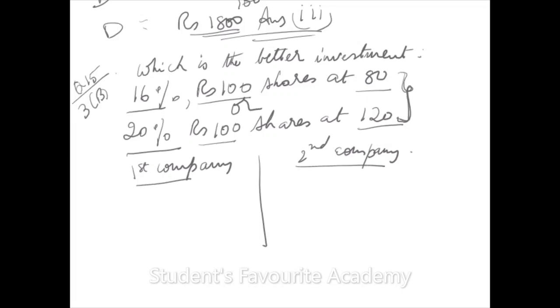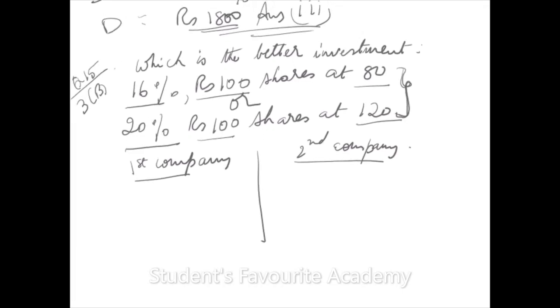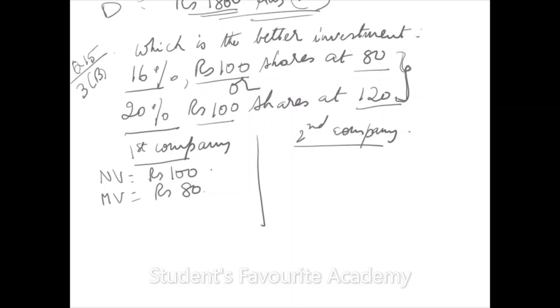Now, the first company data given is nominal value rupees 100, market value rupees 80, and dividend percent is 16%. Okay.